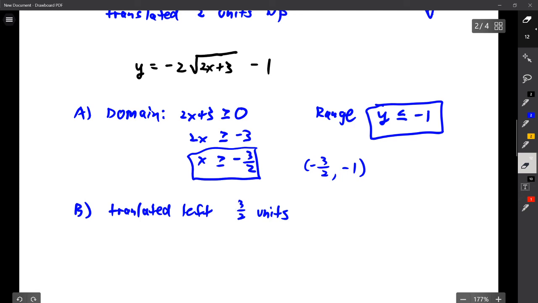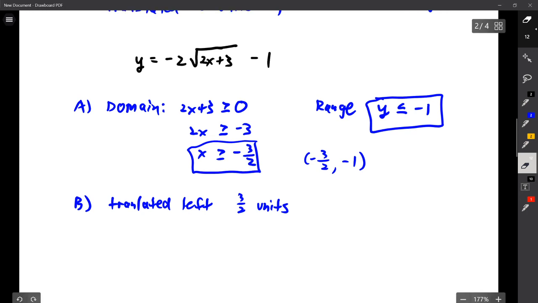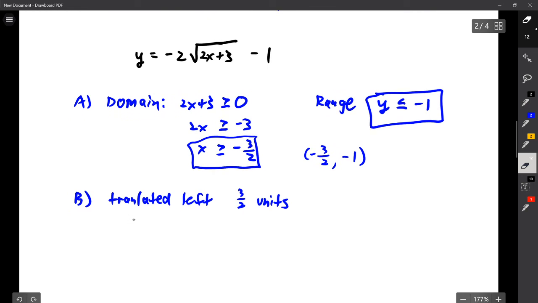It's translated left 3 halves units. The left takes care of the negative because if you're moving to the left, you're moving in the negative x direction. So it's translated left 3 halves units, and it's translated down 1 unit. Down because it's a negative 1.